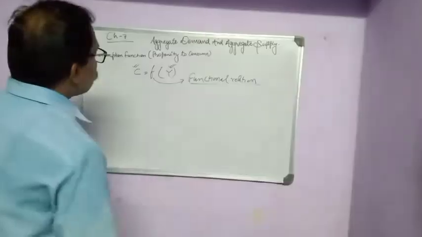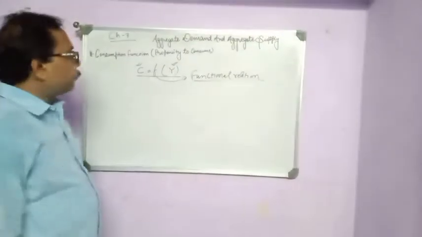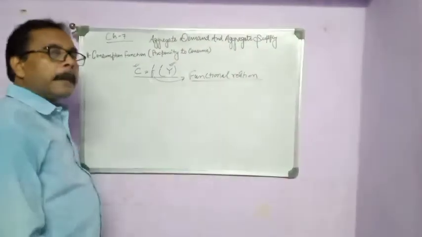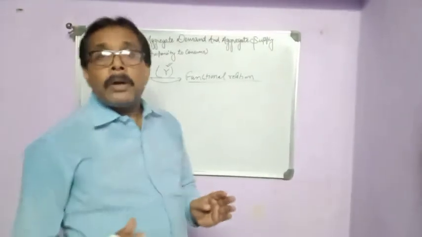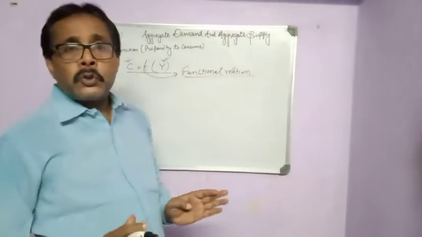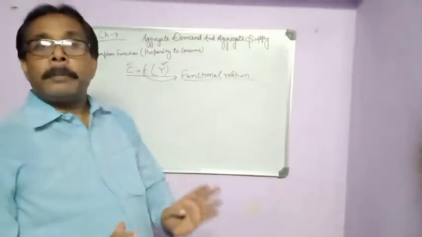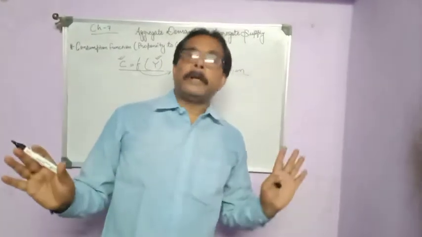Okay? So here it is also a psychological phenomenon, and in the previous video, we have discussed that all the income is not consumed by the consumer. A part of it is always saved after the break-even point.